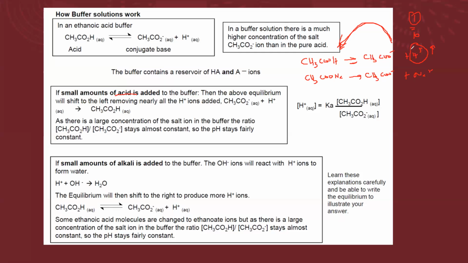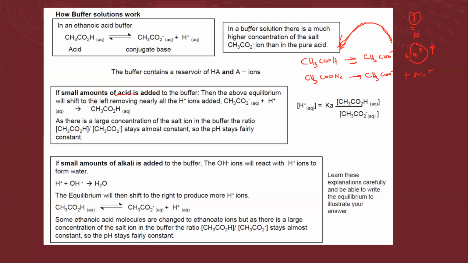So the addition of that hydrogen ion or acid does not make a difference to the hydrogen ion concentration. So pH does not change for a significantly small amount. If you add too much, definitely there will be a change in pH, but for a small amount there is no change in pH.